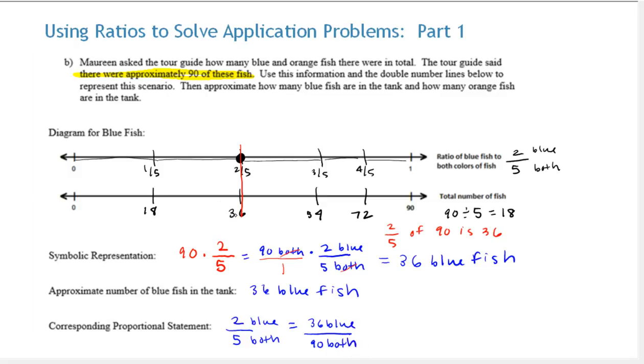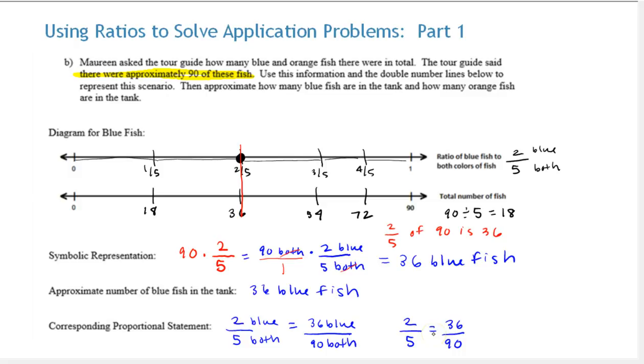Okay, and we don't want to leave it this way in general with all of those words, but again, I want you to see that we have blue over both and blue over both. So 2/5 equals 36 over 90, and this is our corresponding proportional statement.